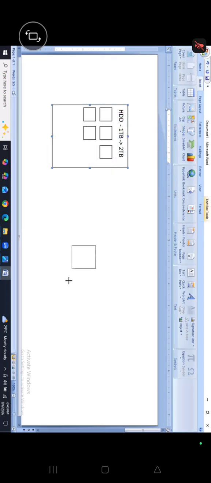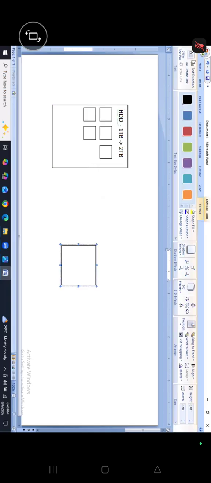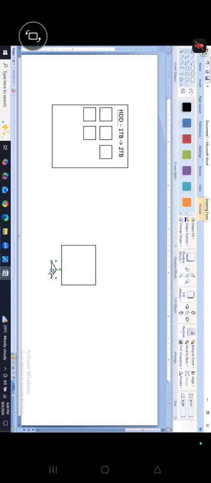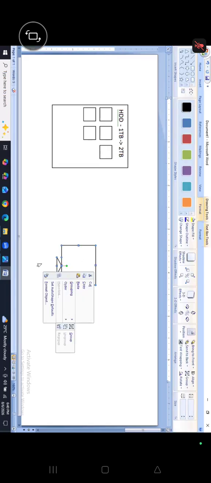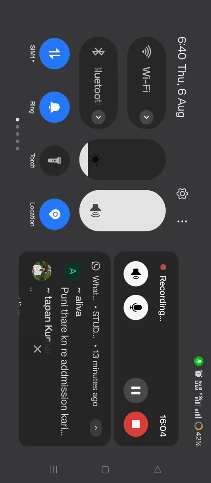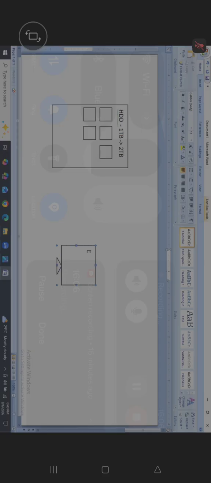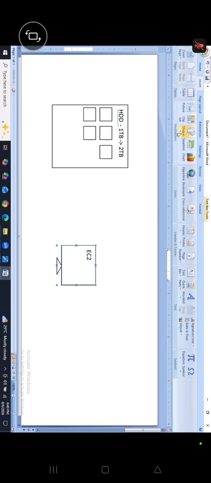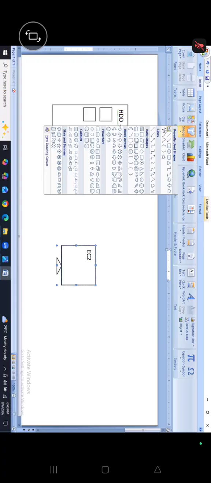Assume this is an EC2 instance or laptop, whatever it may be. Right? This is the EC2 instance.